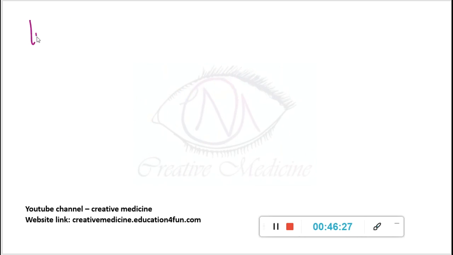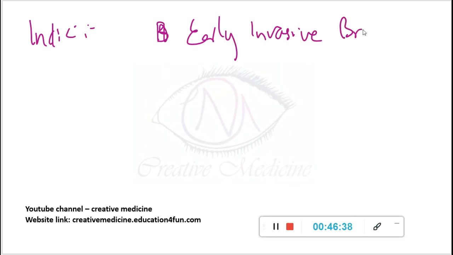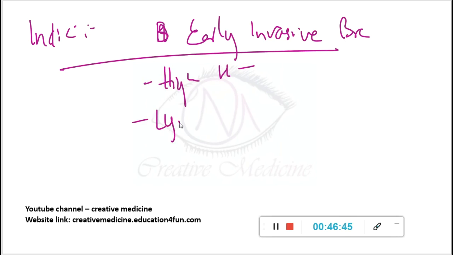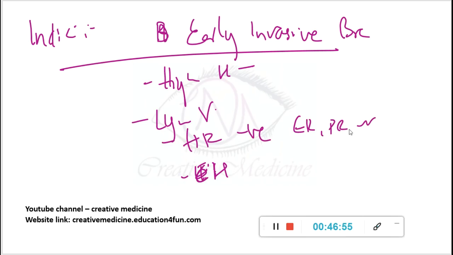Next, the indications of chemotherapy in early invasive breast cancer are important. What are they? If there is high histological grade, lymphovascular invasion, hormone receptor negativity, that is ER/PR negative, or HER2 neu positivity. If ER/PR positive, you will give hormone therapy, and if HER2 neu positive, trastuzumab should be given.